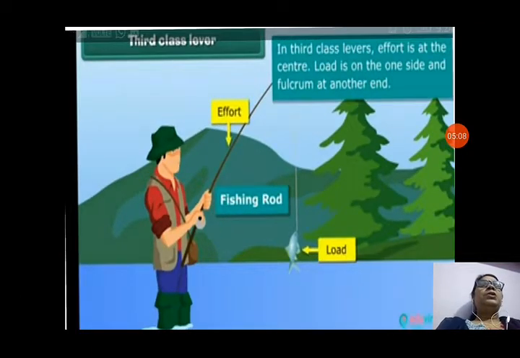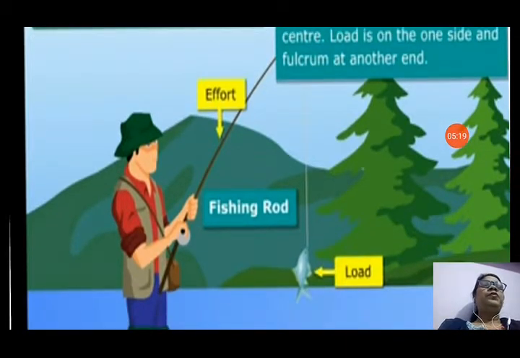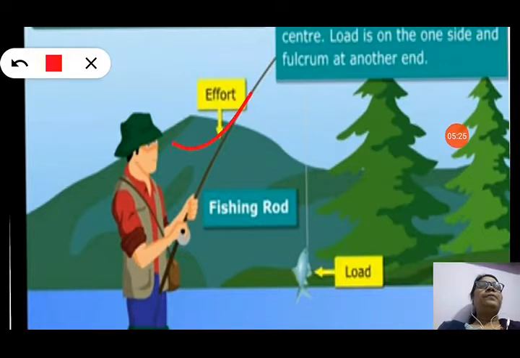Now let us see about the third class lever. In the third class lever, effort is at the center. Load is on one side and the fulcrum is at the other. You can see in fishing, the effort is on one side in a fishing rod, and the load is on the other side.